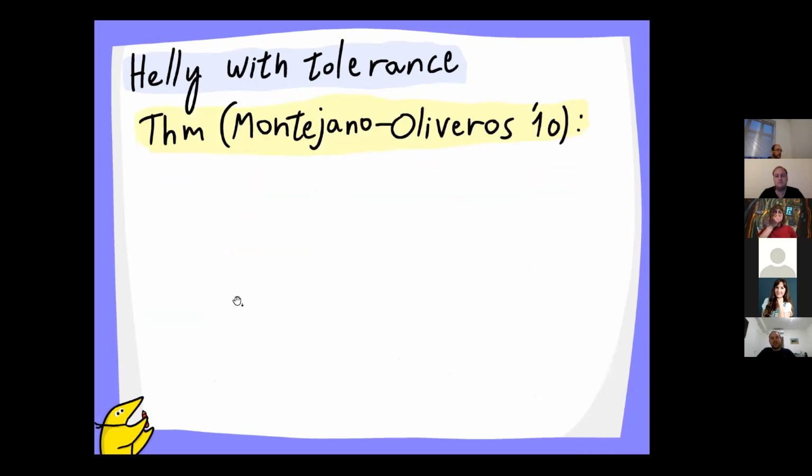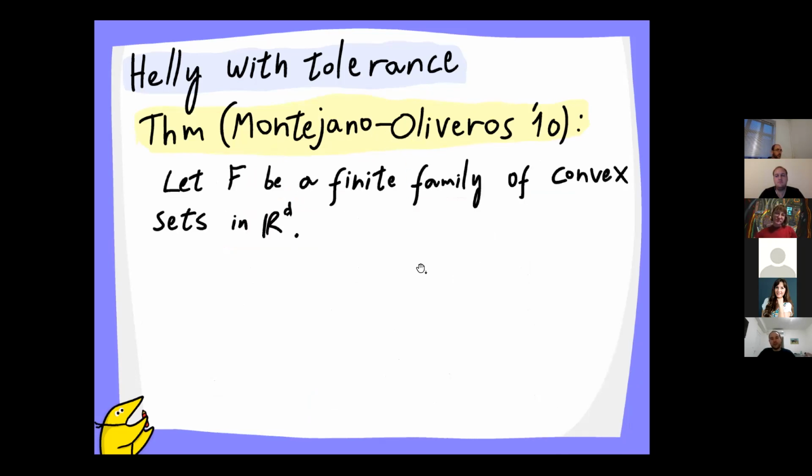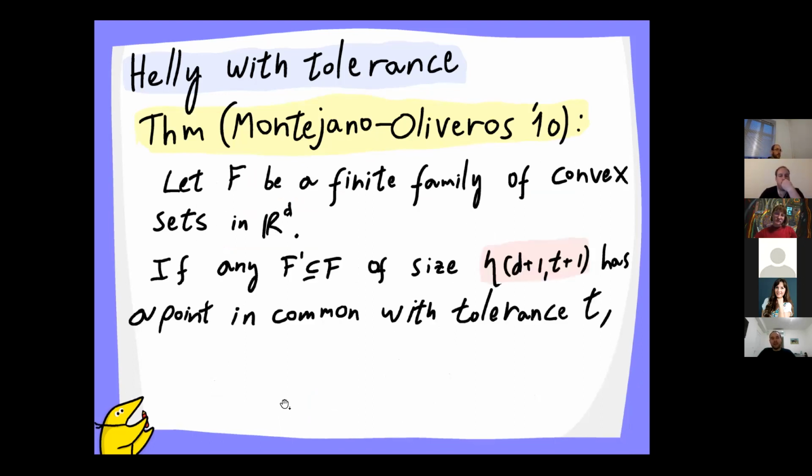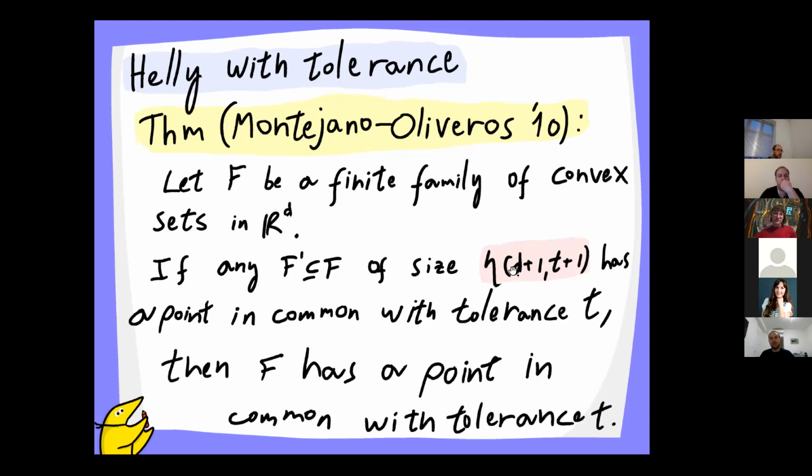And the tolerant version of Helly's theorem is a result by Montejano and Oliveros, and it says the following: if F is a finite family of convex sets in R d, and any subfamily of F of size eta d plus 1, t plus 1 has a point in common with tolerance t, then F itself must have a point in common with tolerance t.